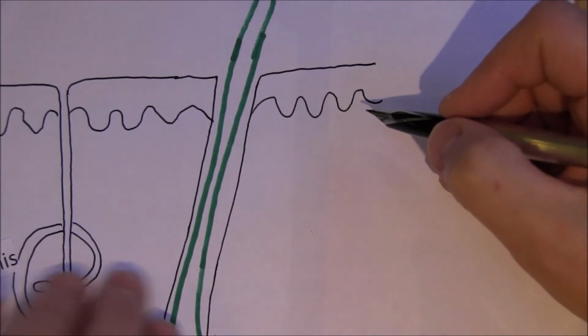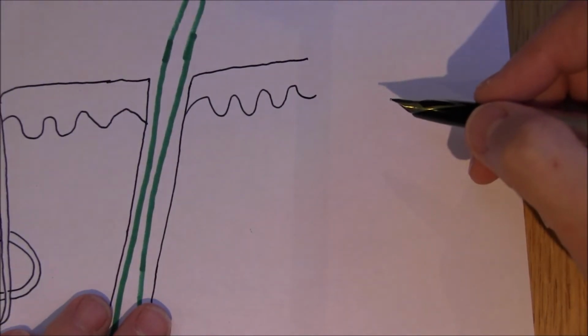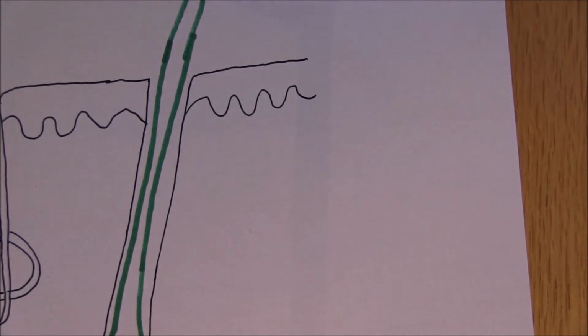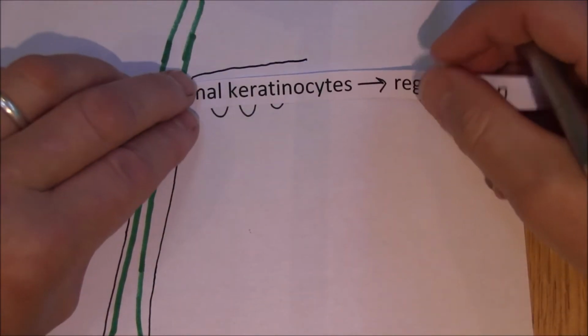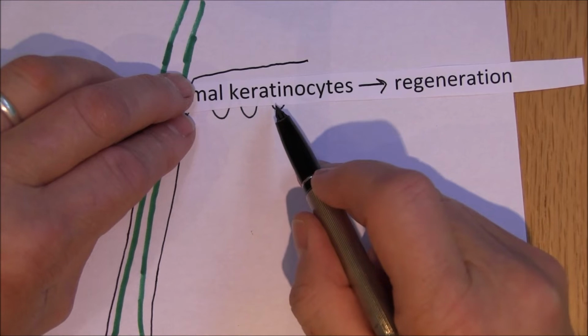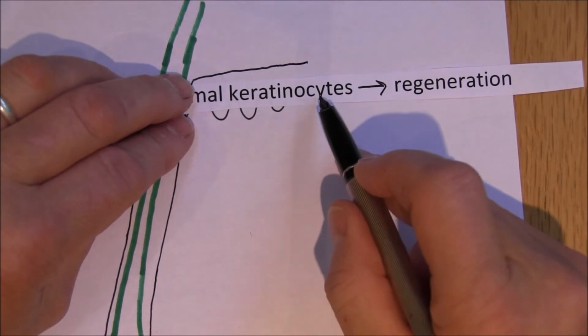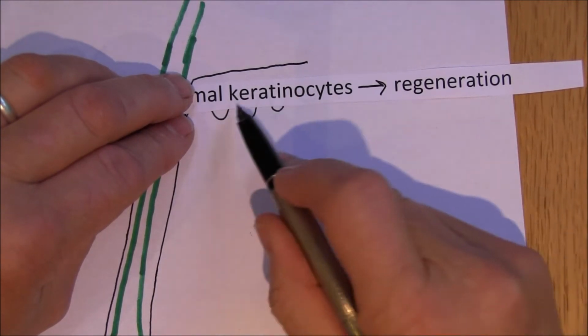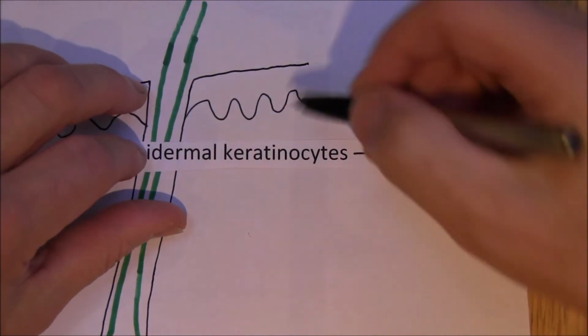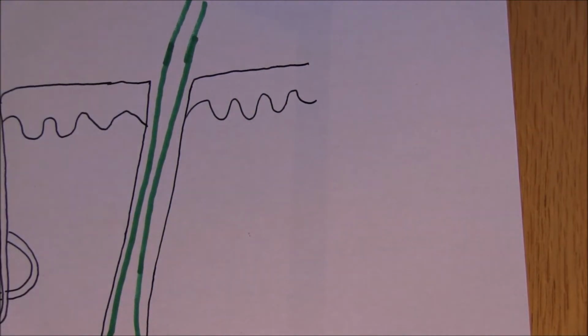So the epidermis is made of keratinocytes. We notice the term there, keratinocytes. Cells that produce keratin. So the epidermis is mostly keratinocytes.